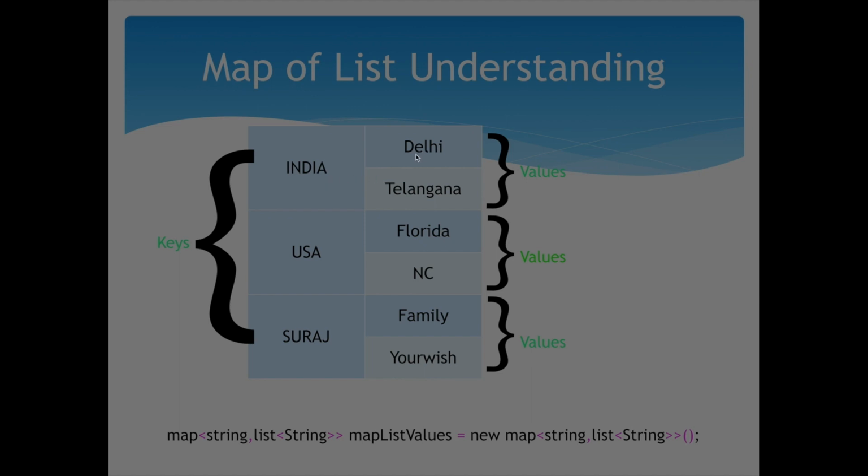The syntax of writing this map is: you have a map, then the key, then the list, and the object name, whatever you want, is equal to a new map, the key again, and the list of values. So let's see how to put this programmatically and what the output will be.